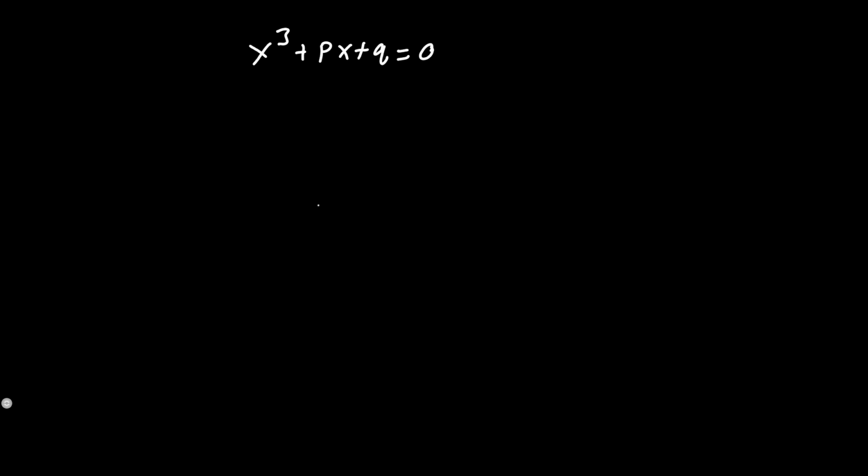So we need to know the relationships of the roots with the coefficients of the polynomial. If we use Vieta's formulas, we will see that the roots have a specific connection with the polynomial's coefficients.